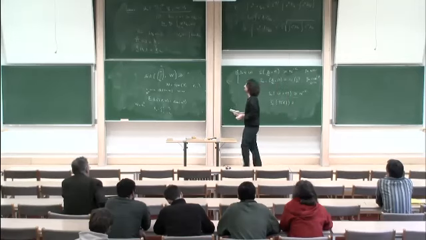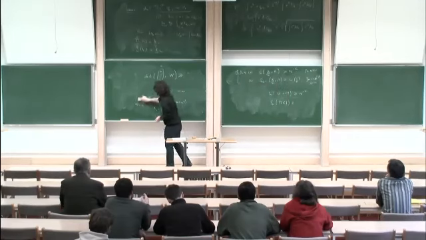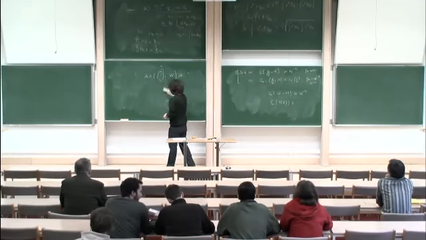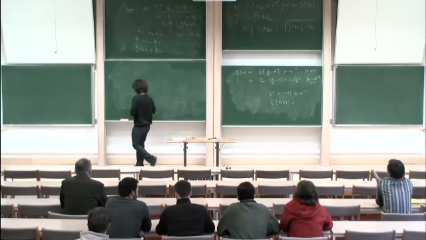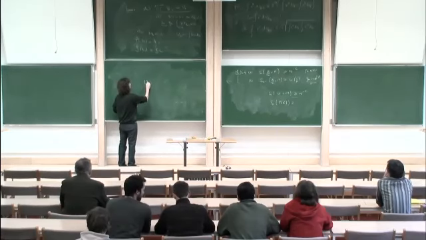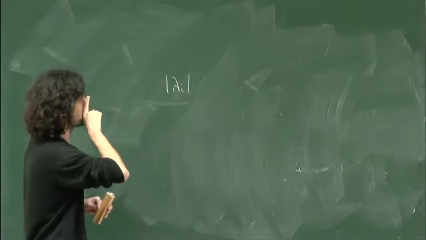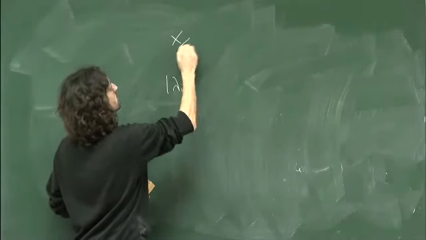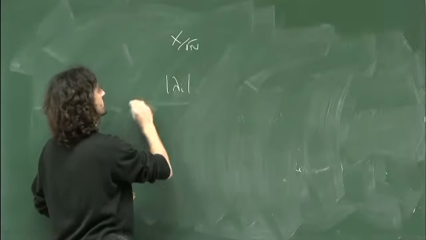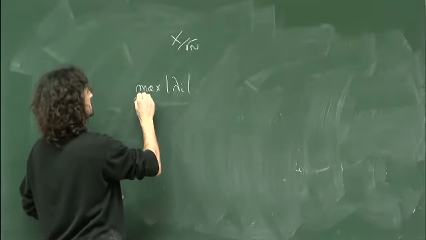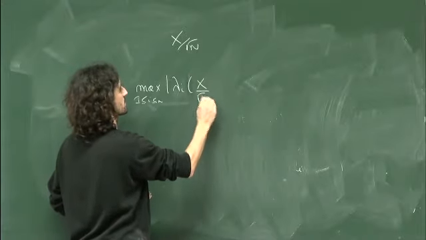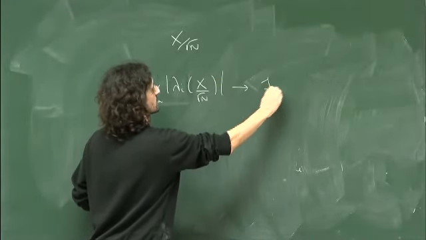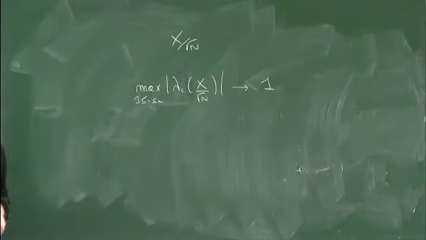What people have started to look at, to try to go beyond this weak convergence, is, for example, if we come back to the circular law, just the eigenvalues, to try to prove that the max of the eigenvalues of the matrix divided by square root of n converges almost surely to 1, for example, which is not implied by the weak convergence.